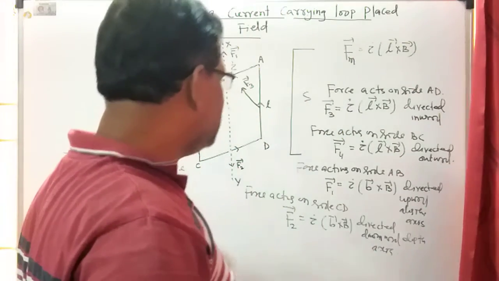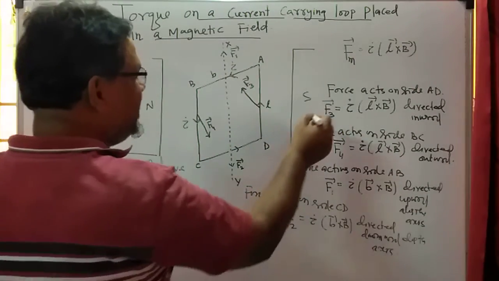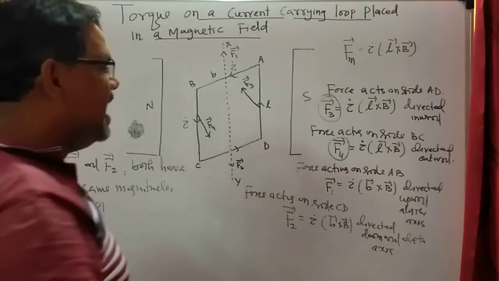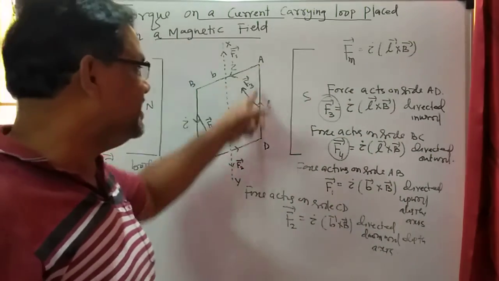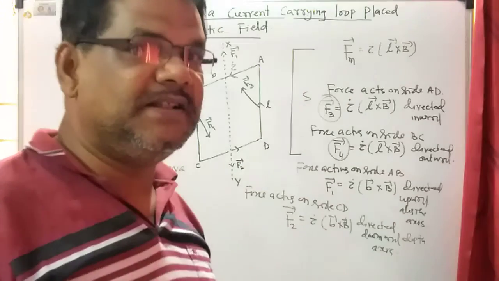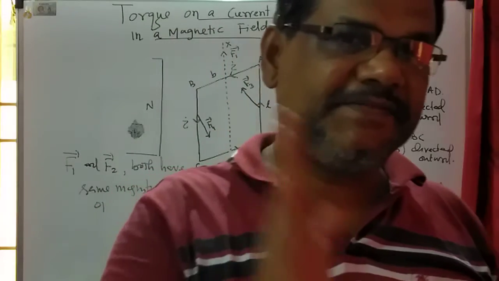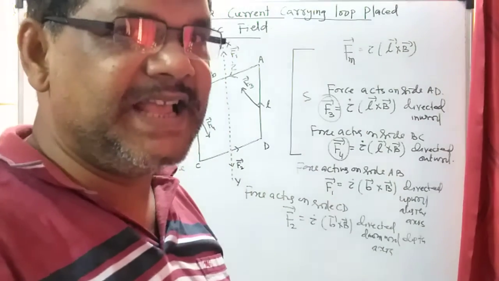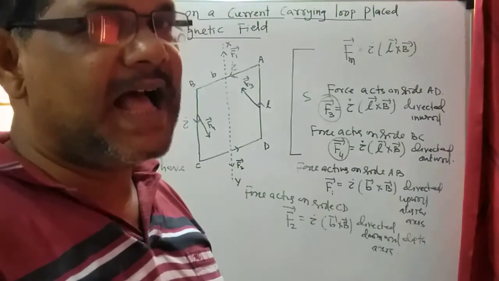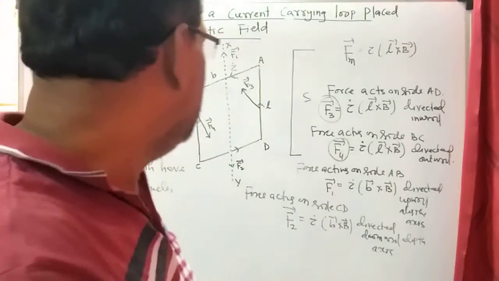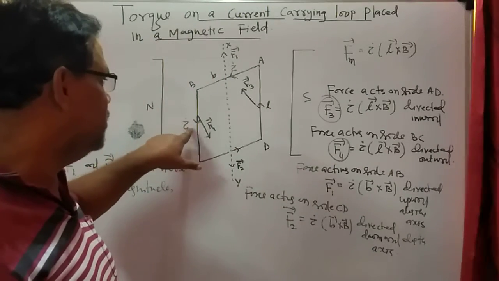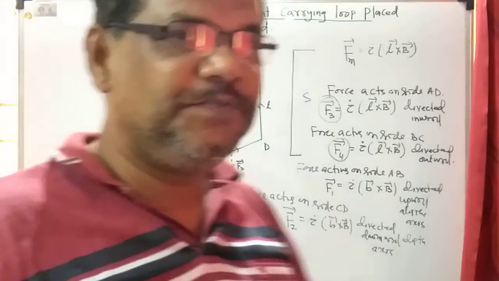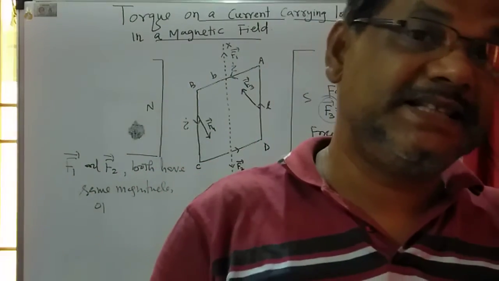What happens to the other forces, F3 and F4? Because the length is always perpendicular to the magnetic field, the maximum force acts on it. F3 is the maximum force, ILB, and F4 is also the maximum force, ILB. Both forces are opposite in direction and same in magnitude, but not acting along the same line of action.